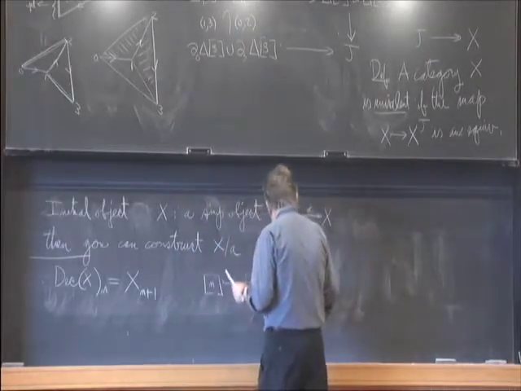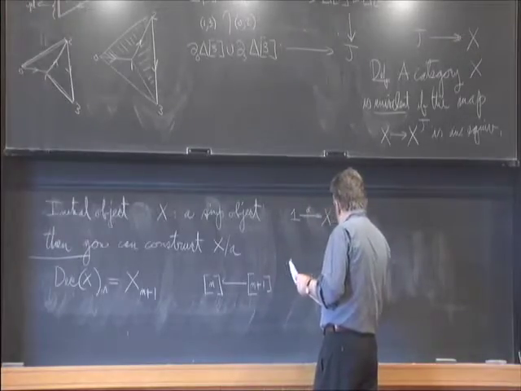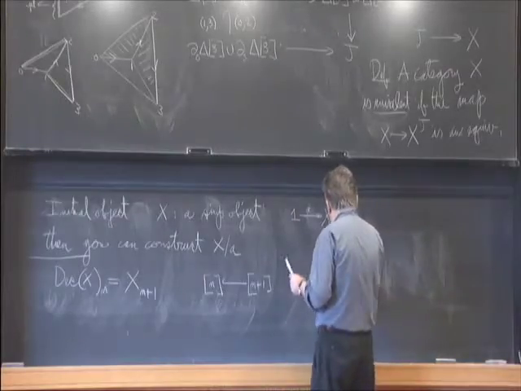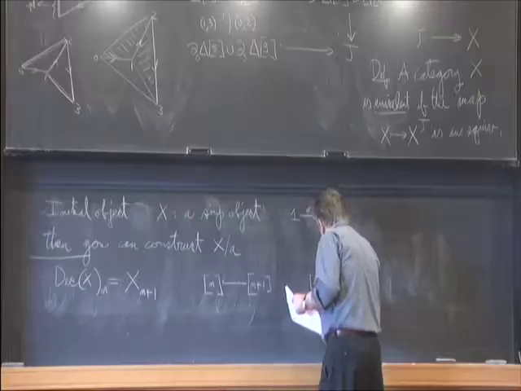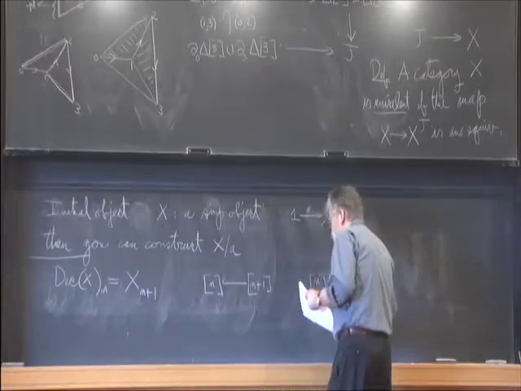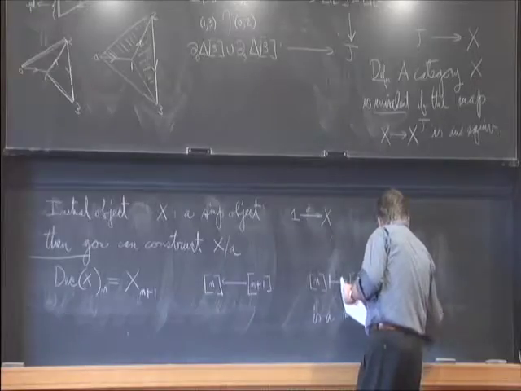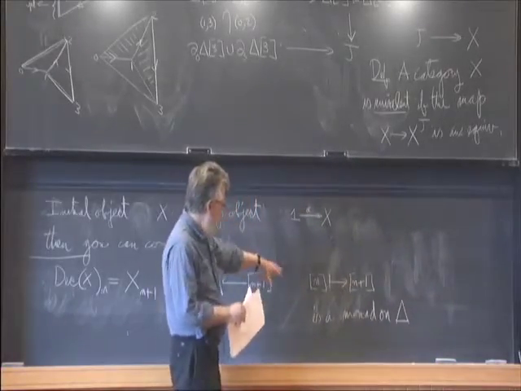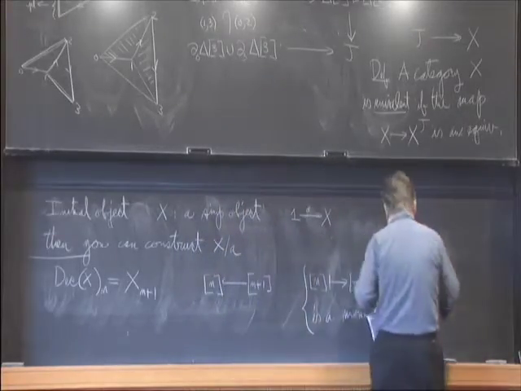And actually, this endofunctor n plus 1 is a monad on Delta. That's an endofunctor. This is the successor. Maybe we could call it the successor monad.